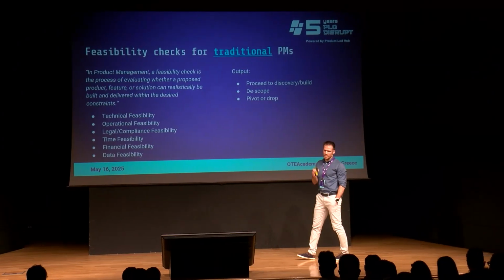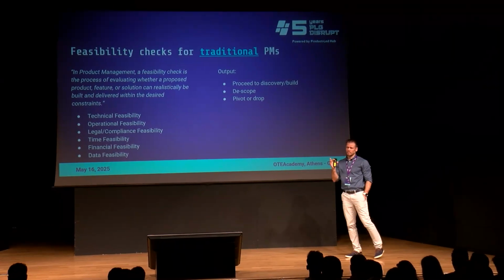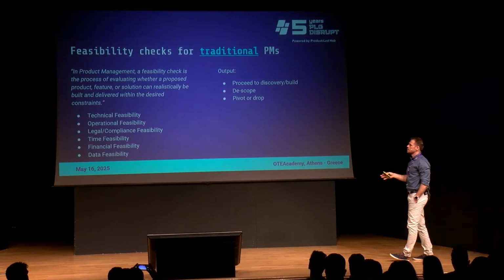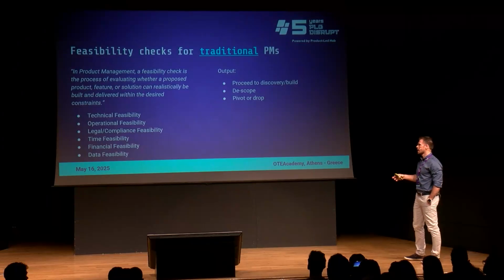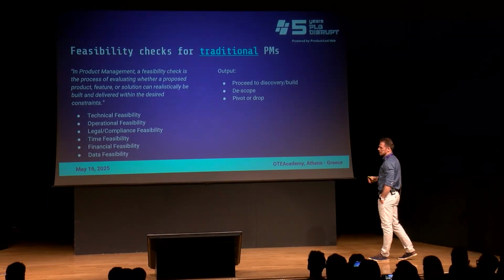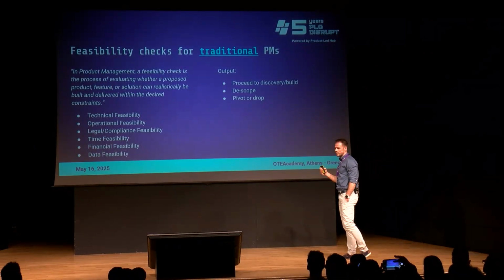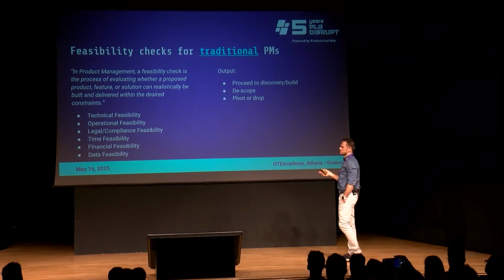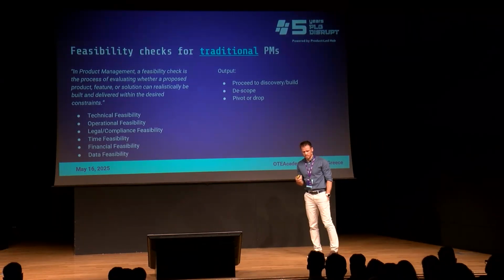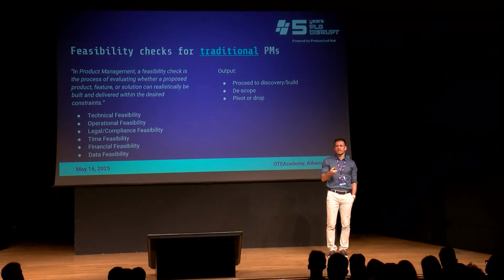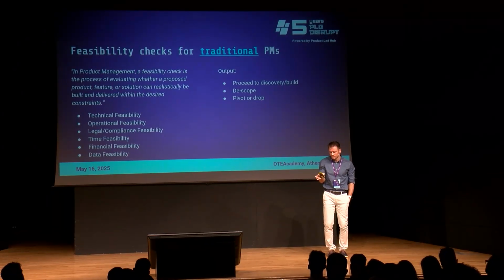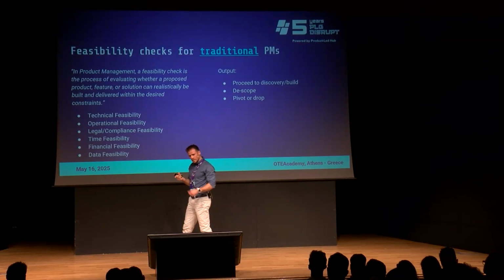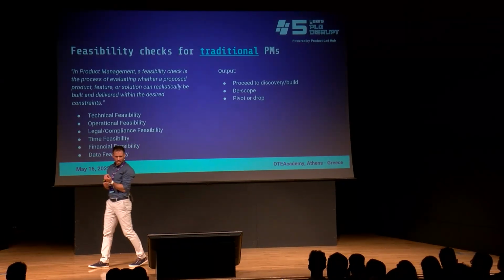Okay, so we have feasibility for the traditional teams, traditional product managers. You have to check all the constraints: technical feasibility, operational feasibility, legal, compliance, time feasibility, financial, data, and then you see, okay, we reduce scope, and so on and so forth. Because, let's be honest, no engineer will come and say, you cannot build this. Everything can be built. The question is, how much?